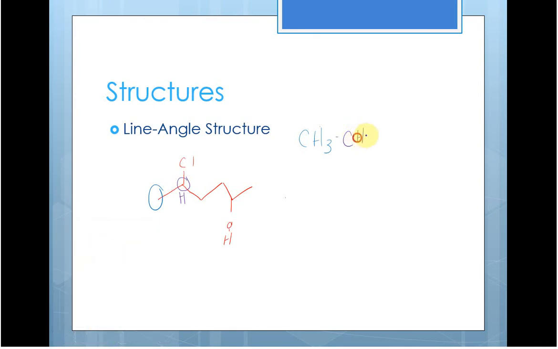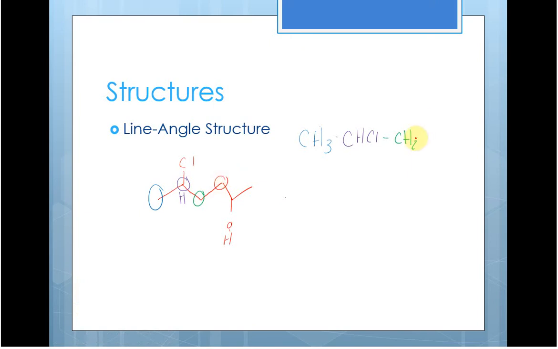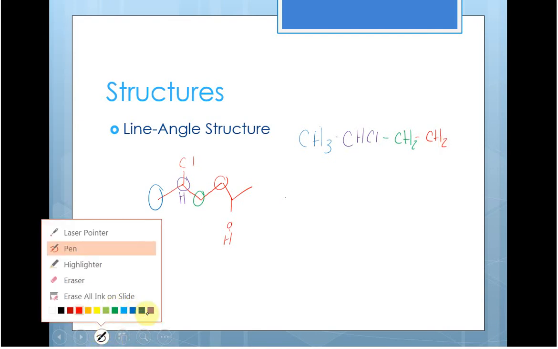So it's HCl. Now, that carbon is connected to this carbon. 2 bonds here, so it's got 2 more that are hydrogens because it has to have 4 bonds. Then we're attached to this one, which has 2 bonds, so it's going to be CH2. I'm probably drawing too large, but that's okay.